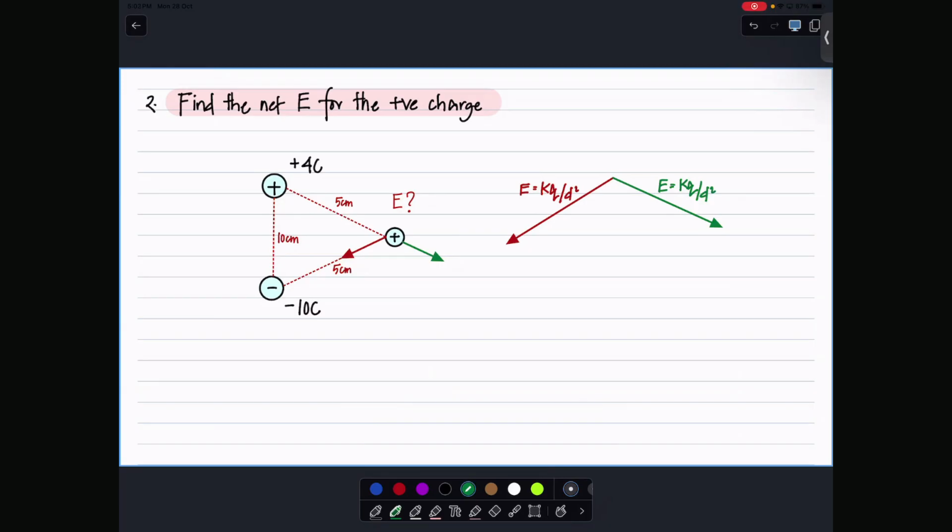To find the resultant, you can use either this method where you create a parallelogram, or you can take from here and place it there, which is called the vector triangle method. Or you could break this down into components and add the components, and that's how you find the answer. So this is how you're supposed to do the question. Clear?